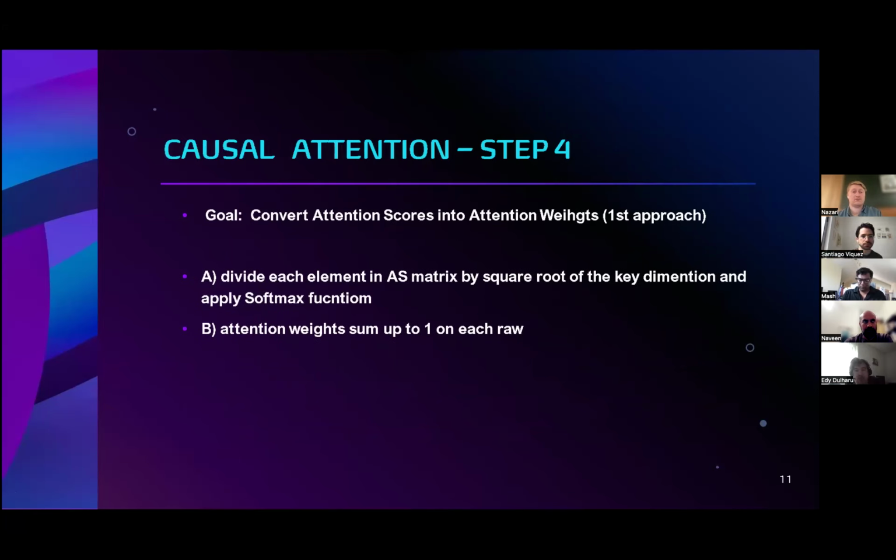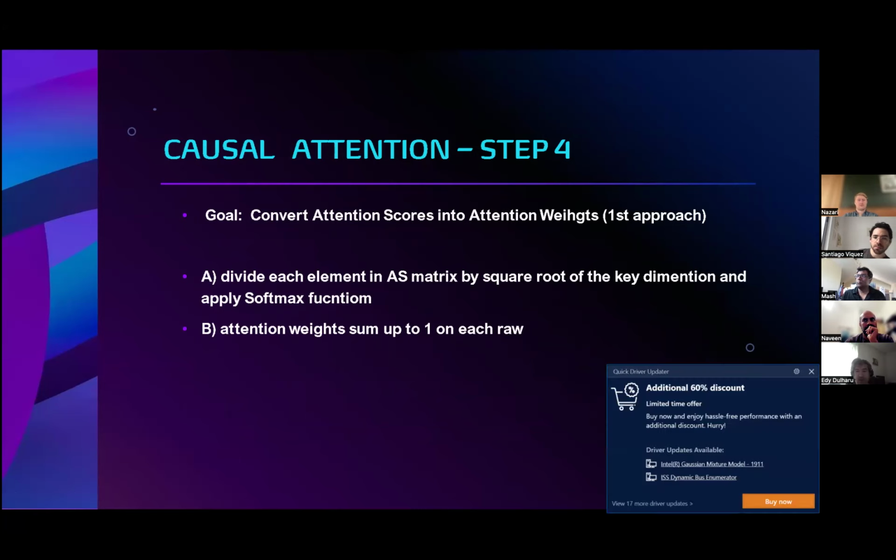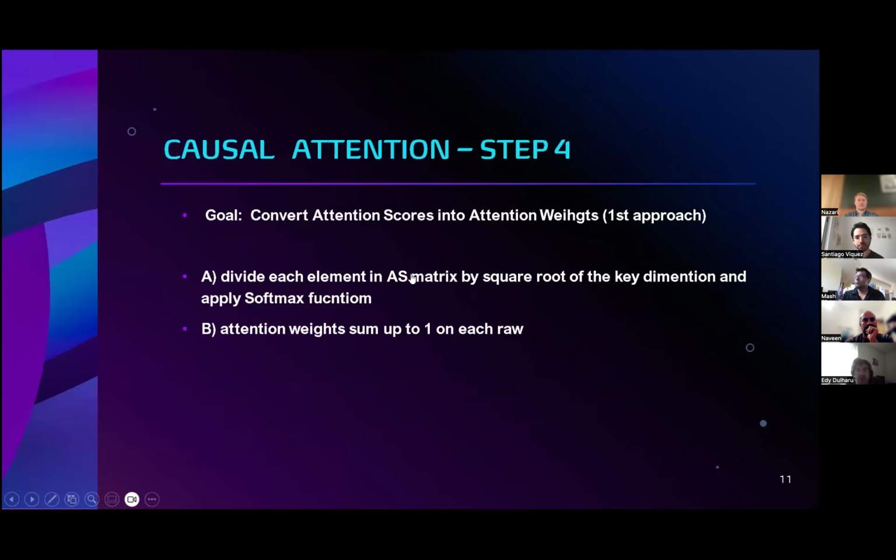Here we need to make a normalization to make all the elements on one row sum up to 1 in order to read them as probabilities. We used the square root of the key dimension, which was defined earlier, and we applied the softmax function.